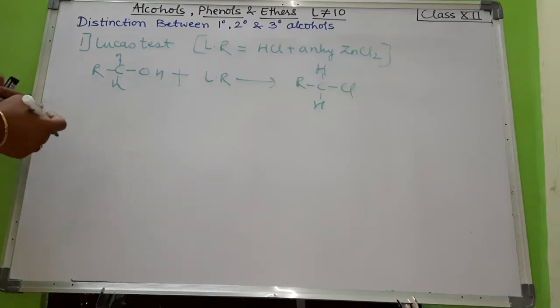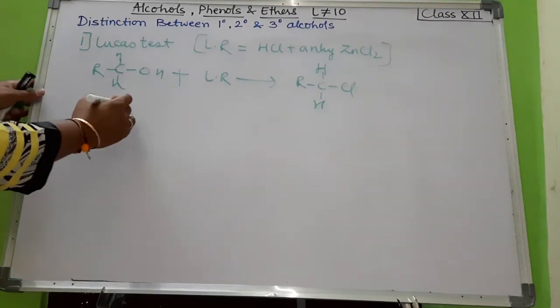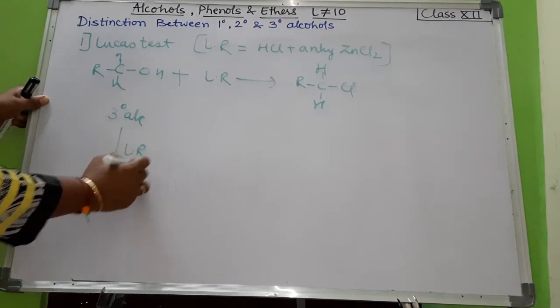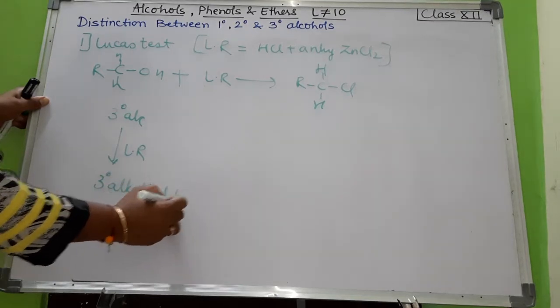Now let's see, tertiary alcohols are more reactive towards Lucas reagent as compared to secondary, and primary are least. So when a tertiary alcohol is treated with Lucas reagent, it gives tertiary alkyl halide, and this alkyl halide is formed immediately.